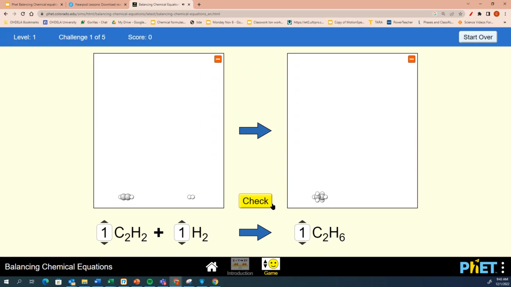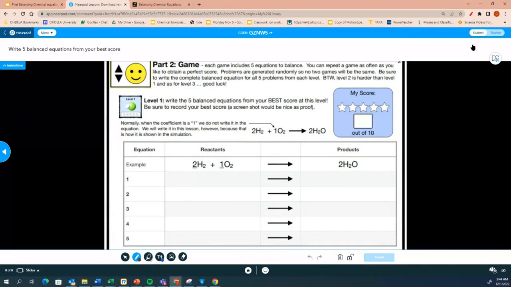Try again. My suggestion is that there is more hydrogen over here, so go where there's less, add some more hydrogen, and then check it. Once you've checked it and got the happy face, you write down what you got. Okay? All right, I'll let you guys go ahead and do that.